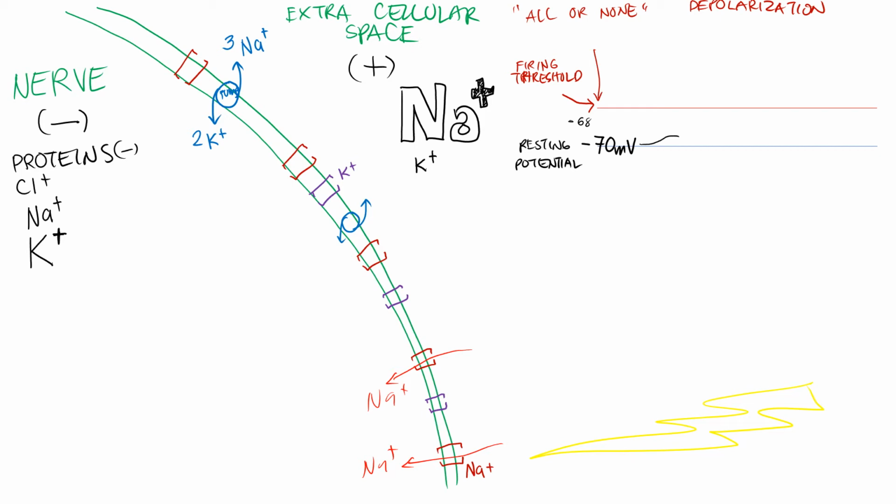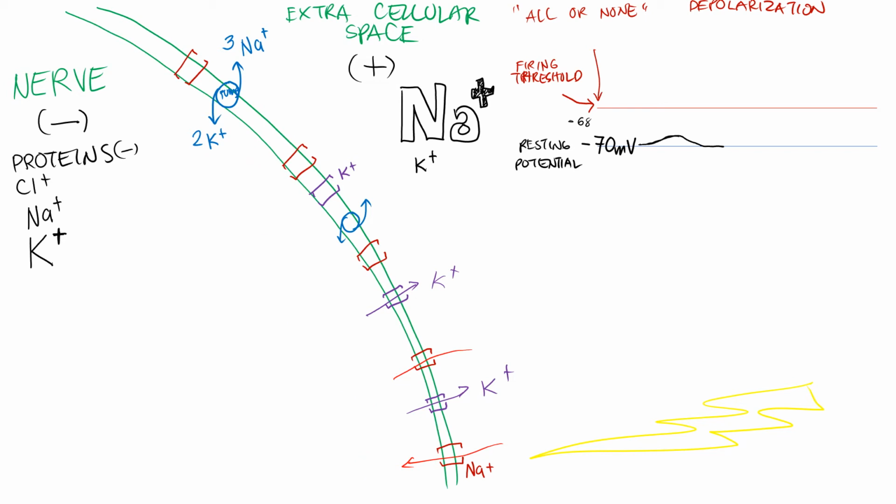But if it does not reach the firing threshold, what your nerve will do is put out potassium, so it would balance it out, and your sodium potassium pump will pump out whatever excess sodium is there and bring back potassium. So basically, your membrane potential will return to your resting membrane potential, which is negative 70.